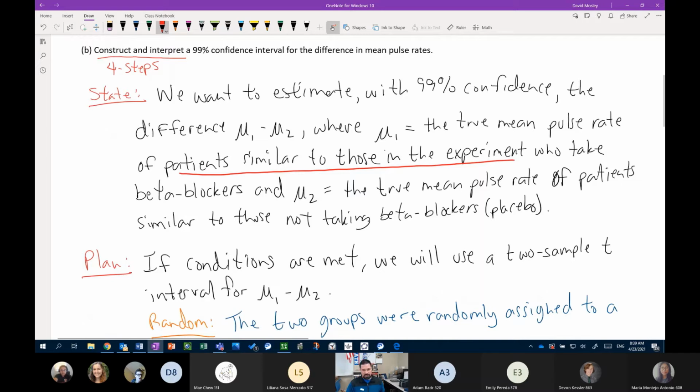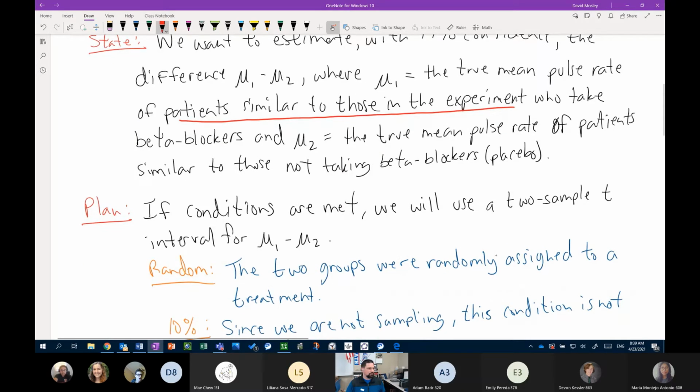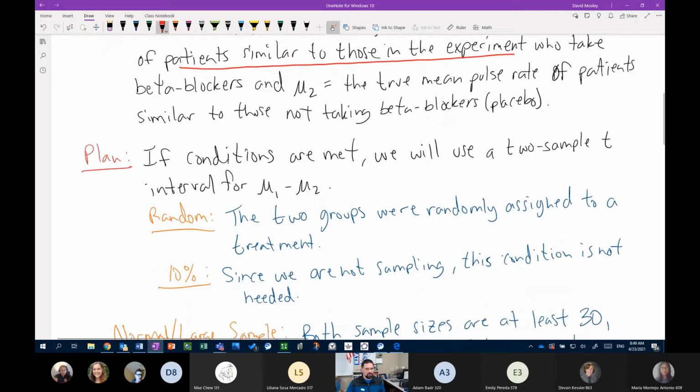Next, we must do our planning step. If conditions are met, we will use a 2-sample t interval for mu1 minus mu2. Again, the t interval is used when we're dealing with sample means. It is our t distribution. We use table B, all that fun stuff.